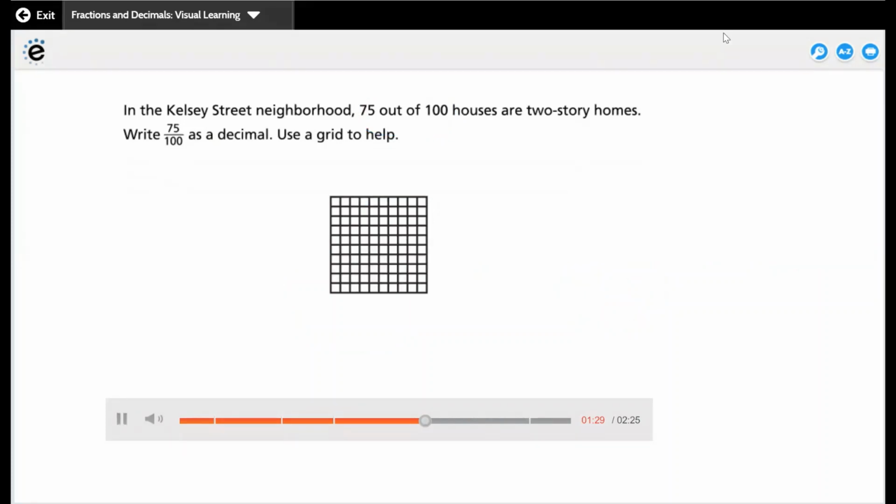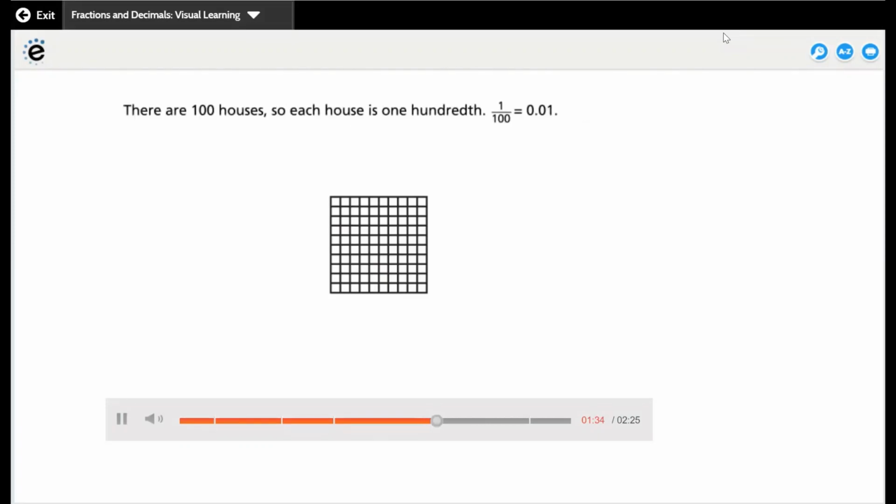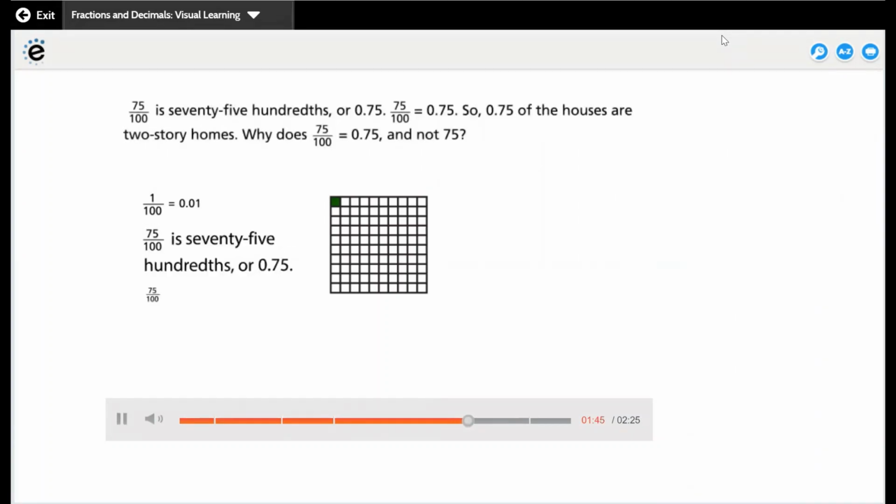Use a grid to help. There are 100 houses, so each house is 1/100th. 1/100th equals 0.01. 75/100 is 75/100ths, or 0.75.